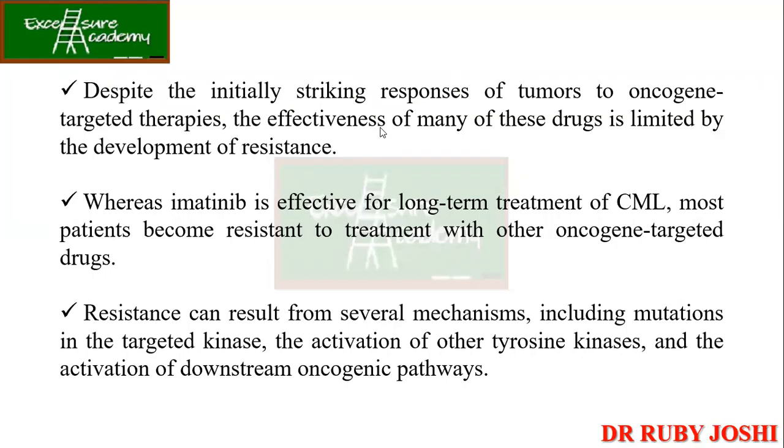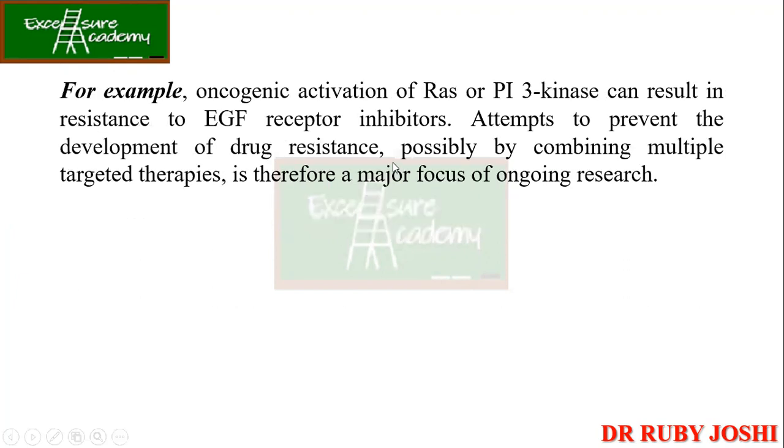Now, we have seen that even though there are many drugs targeted against the oncogene protein, still we are not able to cure the cancer, right? Because the cancers are becoming resistant to these drugs. Okay, so how does it happen?